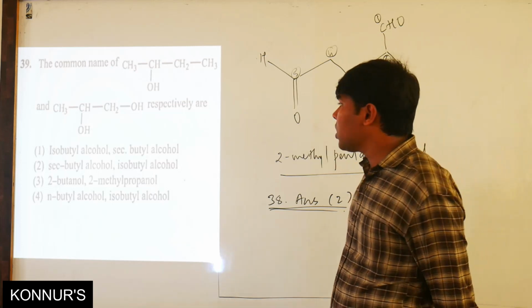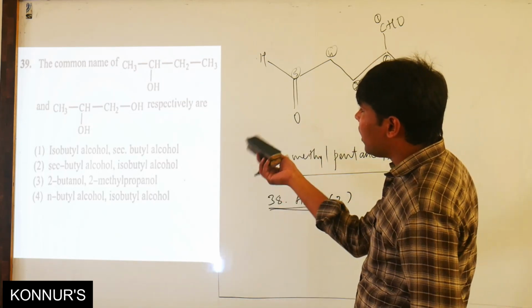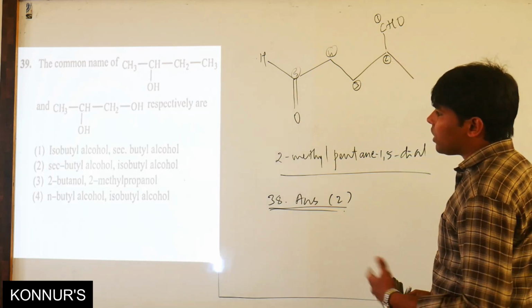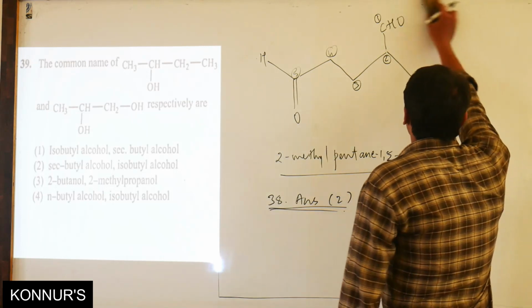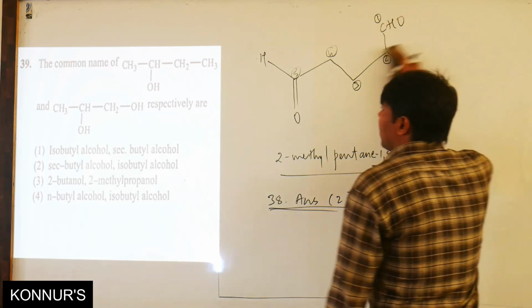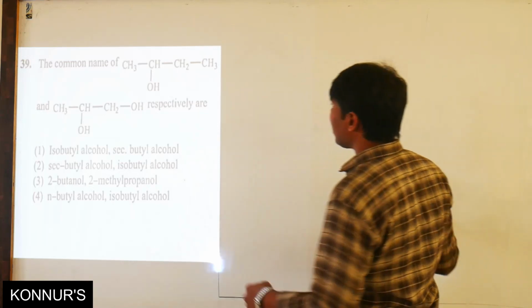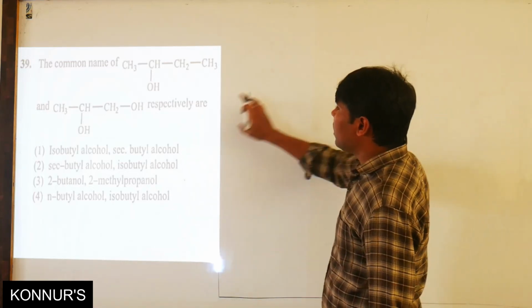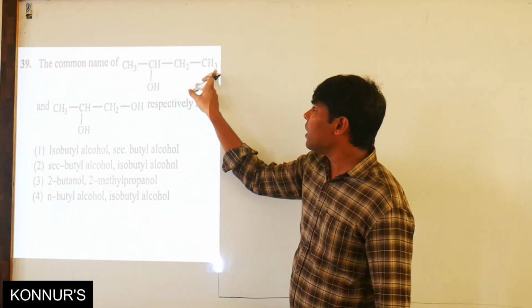The common name of this organic compound and one more organic compound is given, respectively. They have asked for the common name. So let us discuss these two examples. Here the hydroxyl group is present on the carbon which contains a methyl and this ethyl.